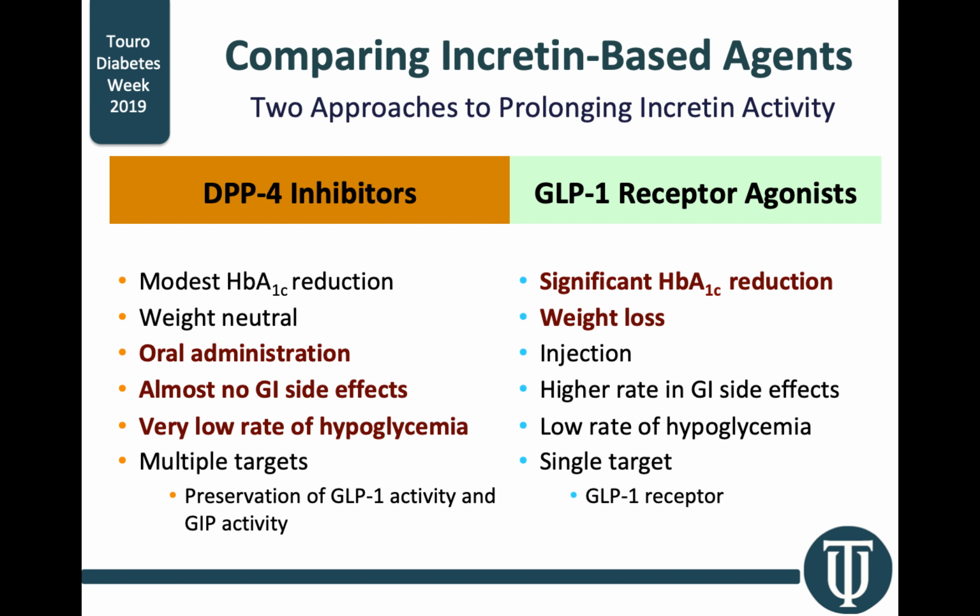It's not as convenient because they're all injectables. And many patients came back and expressed that they experienced some form of GI upset in the beginning, but then slowly the side effects would subside. Also, there's a low risk of hypoglycemia.